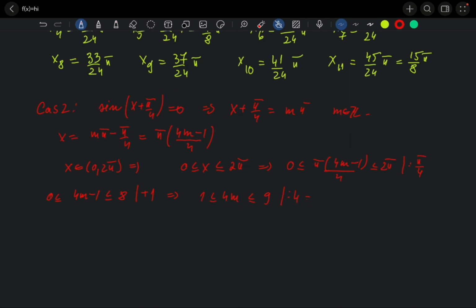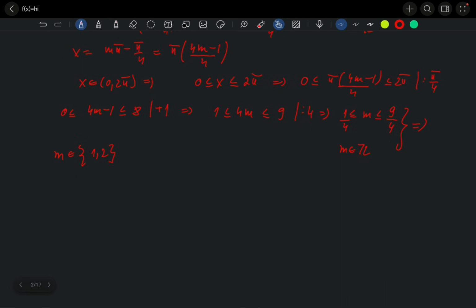We divide by 4, and we get in the end 1 over 4 is less than or equal to m, which is less than or equal to 9 over 4. But we remember that m is an integer, and from those two we can conclude that m must be equal to either 1 or 2 for our two properties to be satisfied.